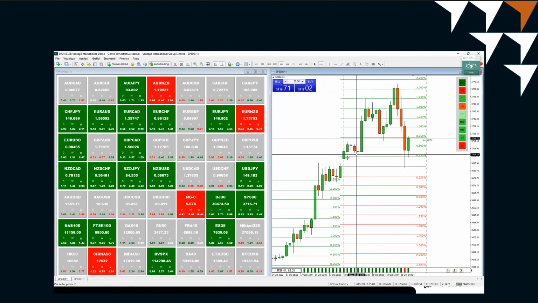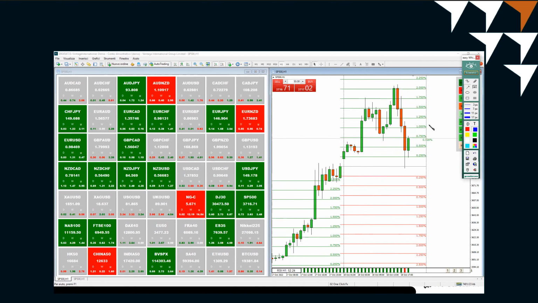So we had a first long entry here close to the end of the Asian session. Then, of course, we could have tried a short entry a couple of hours ago. And now, as you can see, the market pulled back to our first daily reference. And from there, it rebounded.